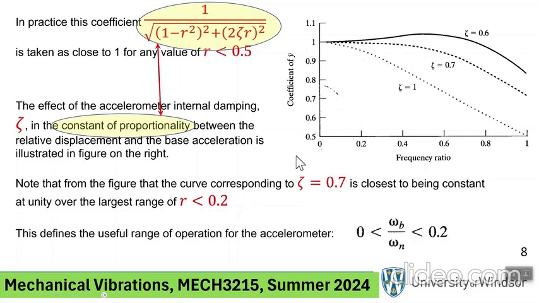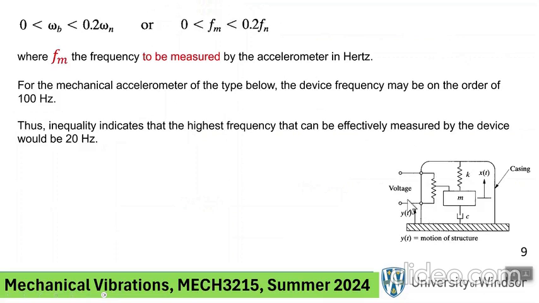In other words, the operating range of the accelerometer is R less than 0.2, or omega b over omega n is less than 0.2. Or omega b is less than 0.2 omega n, and if you write it in hertz, you get the frequency of the base in hertz is less than 0.2 times the natural frequency of the device.